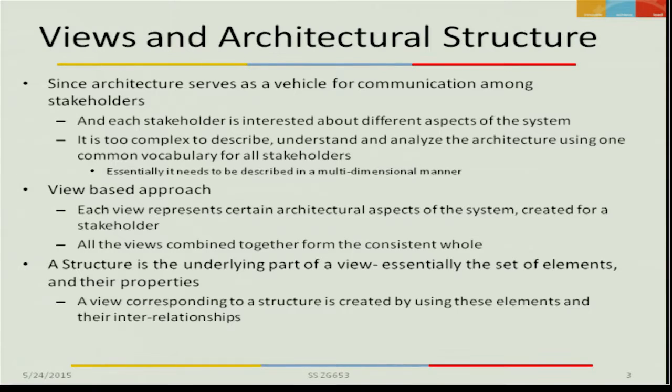In order to describe a view, you need a structure, which is the underlying part of the view. Essentially, it is a set of elements, and the elements are the ones that I explained in the previous slide.